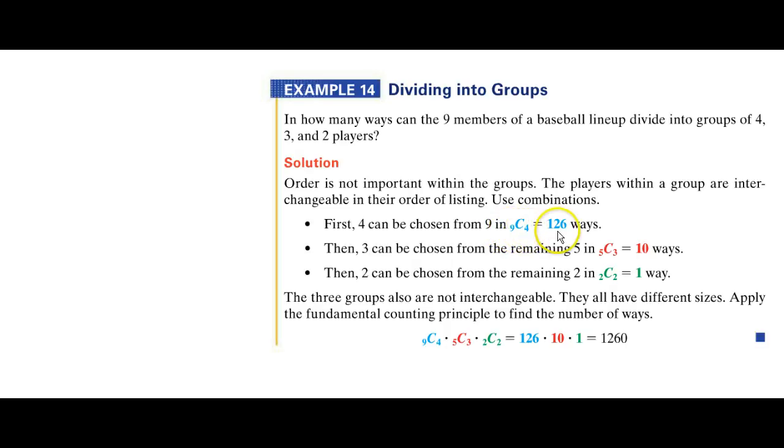Order's not important, this many ways. Then, since 4 are selected, there are going to be 5 remaining. You're going to select 3. There are 10 ways. Then there are 2 remaining, and out of 2, when this occurs, there's only the one way. So we get these 3 combinations that we then multiply together, and there are going to be 1,260 different combinations.